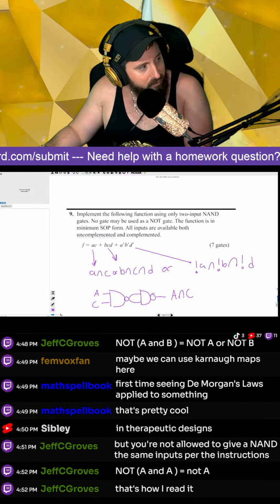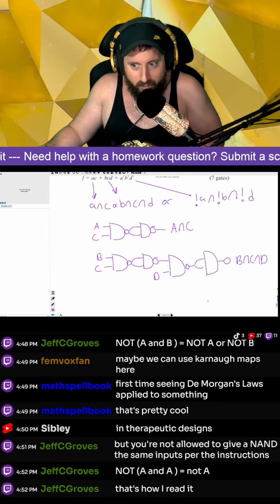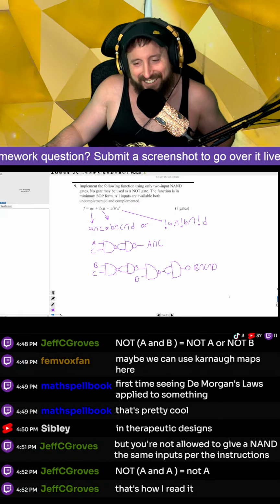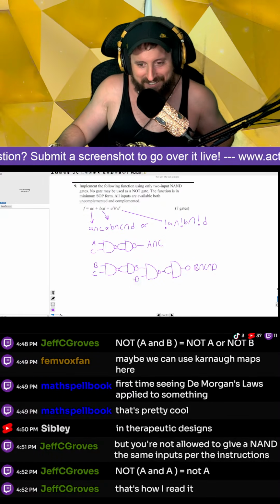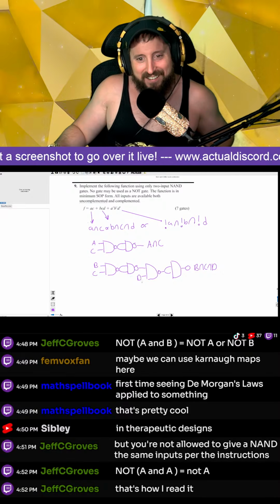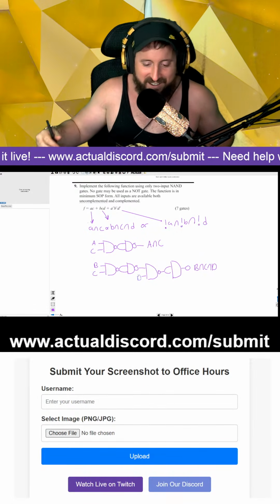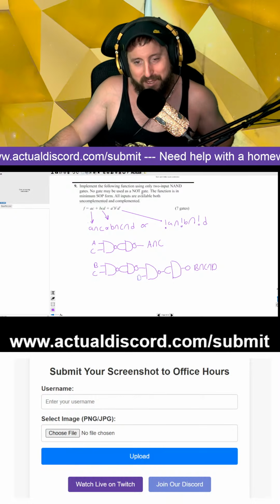That's how I read it? Yeah, maybe. Well, okay, well, screw them. I'm just gonna do it anyways. I'm gonna just show how you could do it. And then, yeah. Oh, okay, no gate may be used as a not gate.